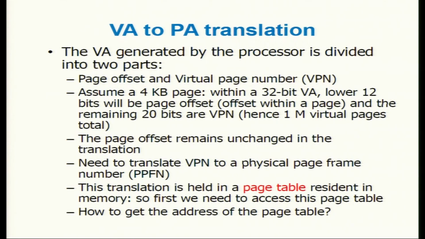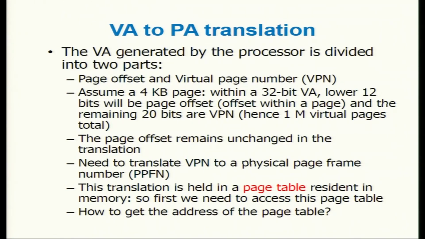For example, if we assume a 4 kilobyte page within a 32-bit virtual address, then the lower 12 bits will be the page offset, because that will tell you where inside a 4 kilobyte page you are looking for your data. And the remaining 20 bits will be the virtual page number. That will cover about 1 million virtual pages. So 1 million virtual pages of 4 kilobytes each will make up the 4 gigabytes of virtual memory addressable by a 32-bit virtual address.